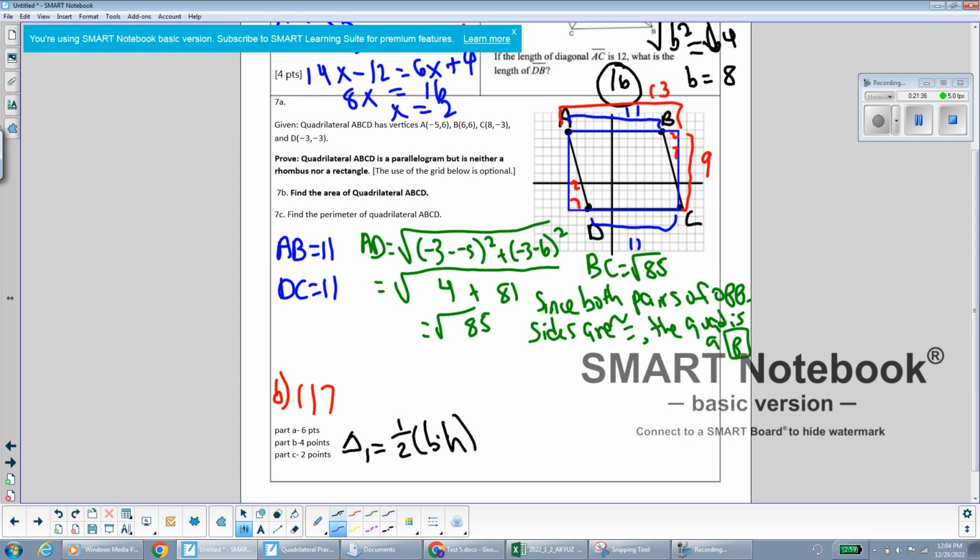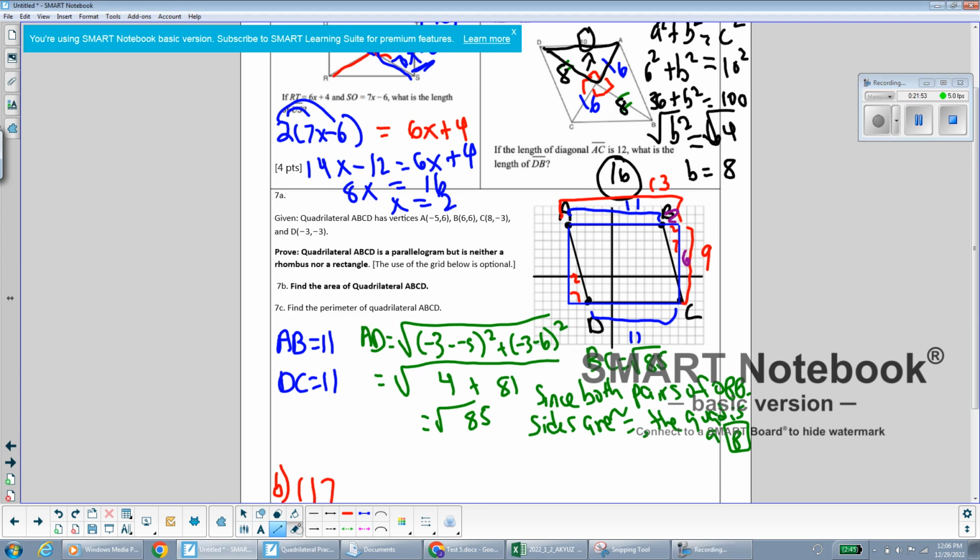So counting the base, that is 2 units, and the height, 1, 2, 3, 4, 5, 6 units. So my bad, I miscounted there. That is not 6. Let's count that one more time. So hard to count this on the computer. 1, 2, 3, 4, 5, 6, 7, 8, 9. It is 9 units for the height of this right triangle.